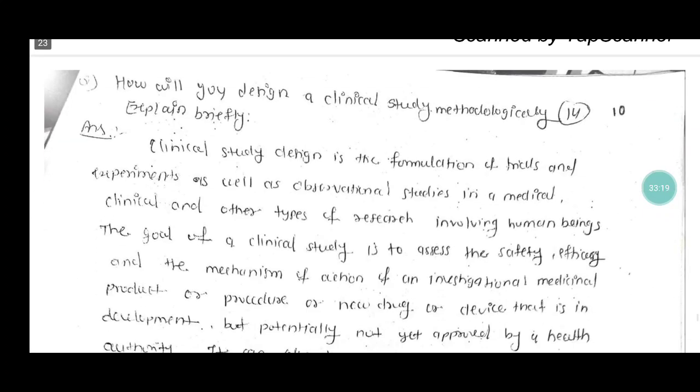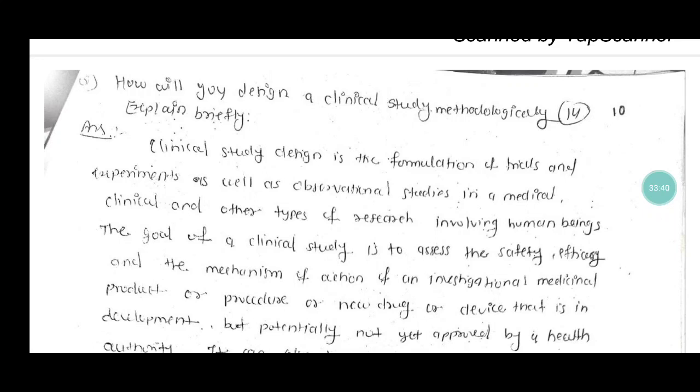Where lastly the question, how will you design a clinical study methodology? Explain briefly. So the clinical study design is a formulation of trials and experiments as well as observational studies in medical, clinical and other types of research involving human beings.